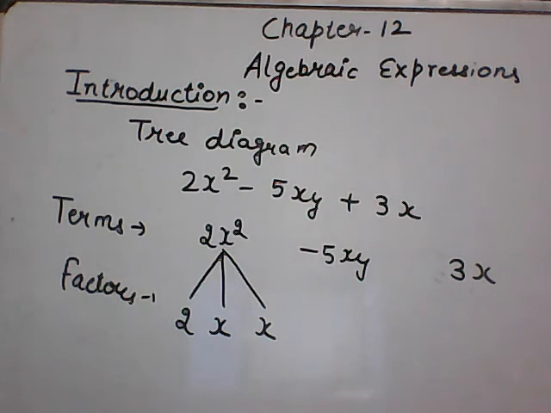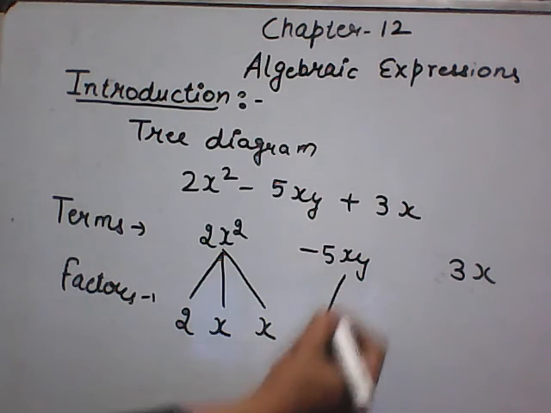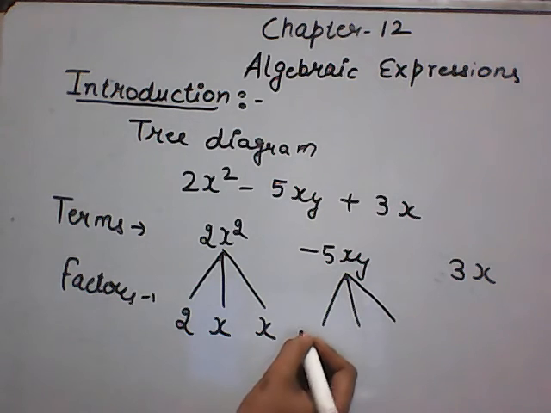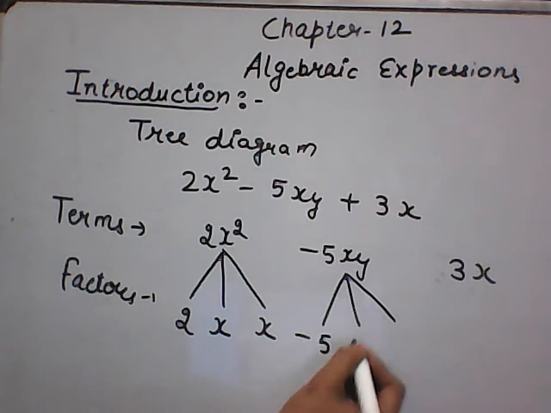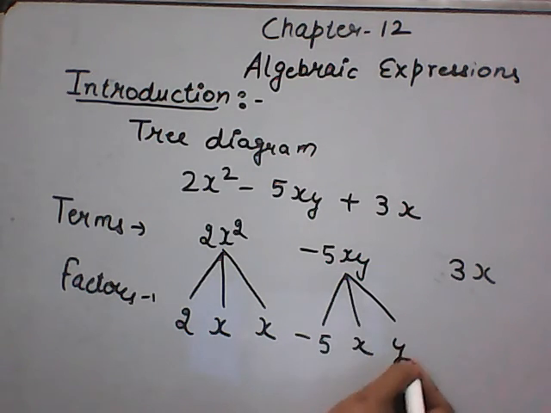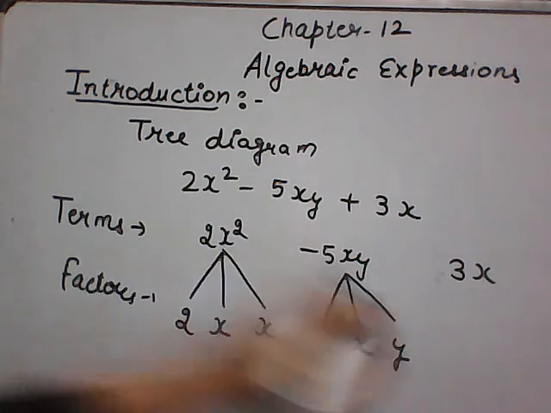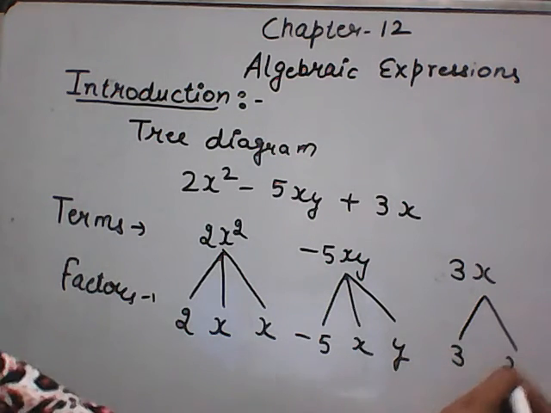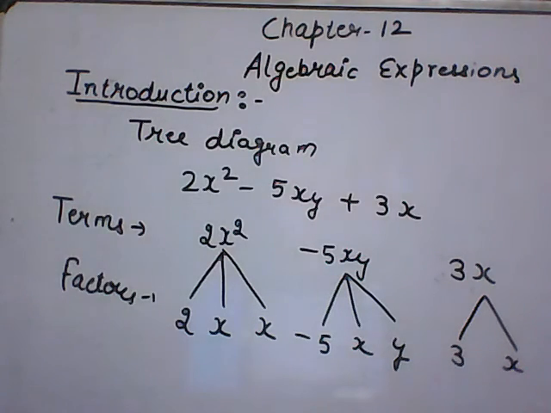Now minus 5xy is a product of minus 5x and y. So these are the factors of minus 5xy. Now 3x can be factorized as 3 into x. So 3 and x are the factors of the term 3x. In this way we can represent factors by using a tree diagram.